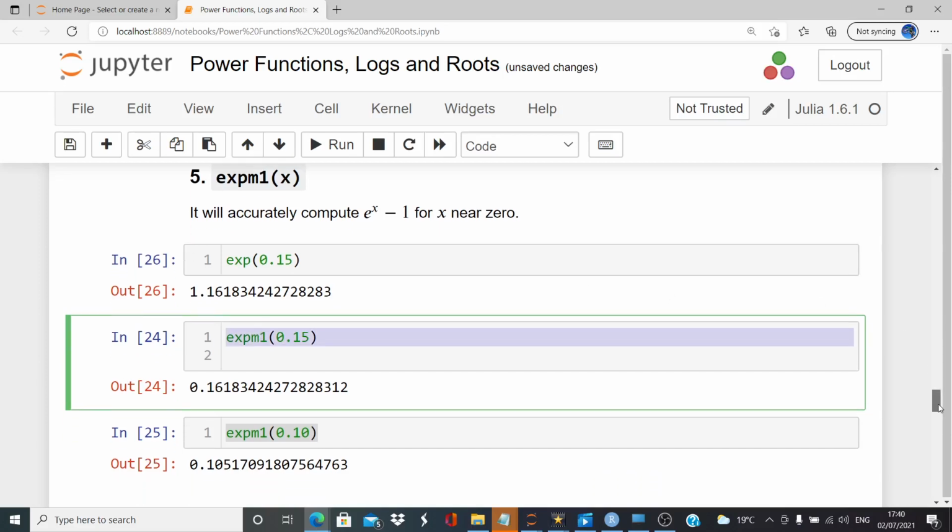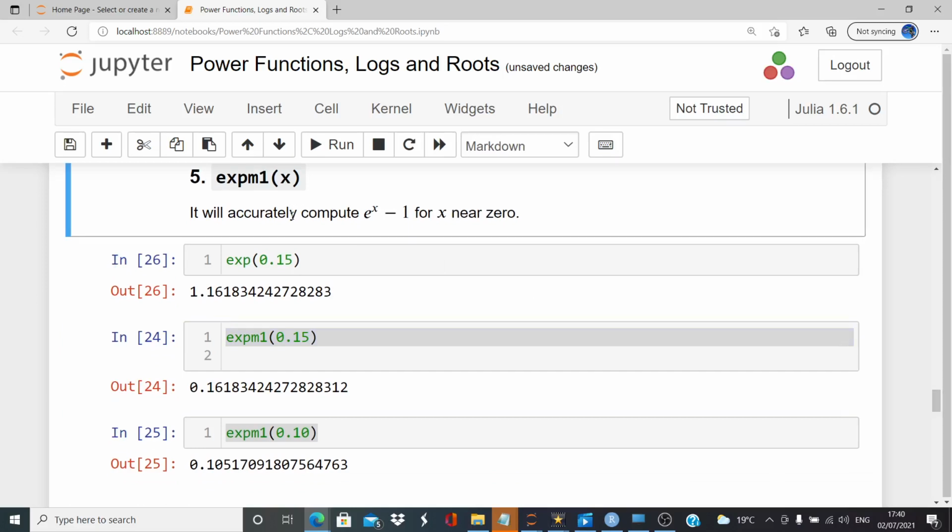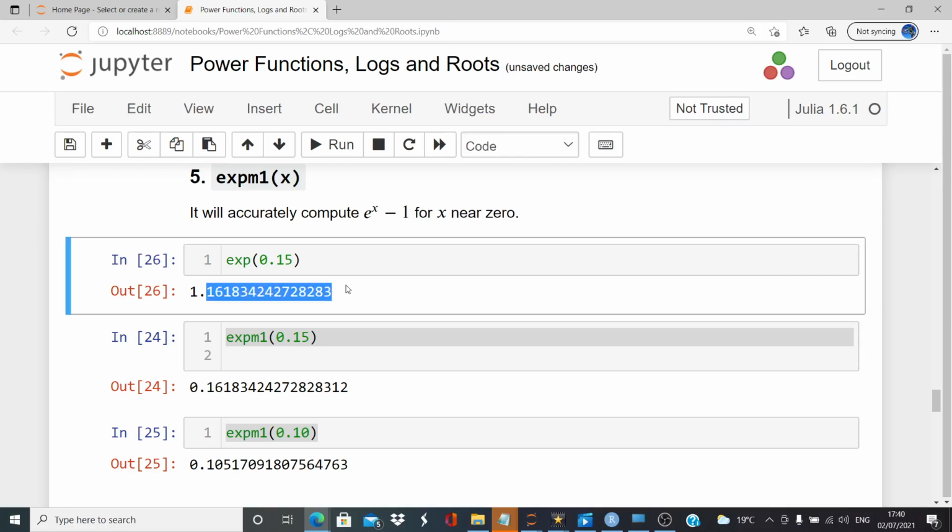But really what is in the background is the way it will solve it numerically. It says it will accurately compute e to the x minus 1. In the background, there are computational algorithms used to calculate these numbers, and sometimes accuracy is important there.